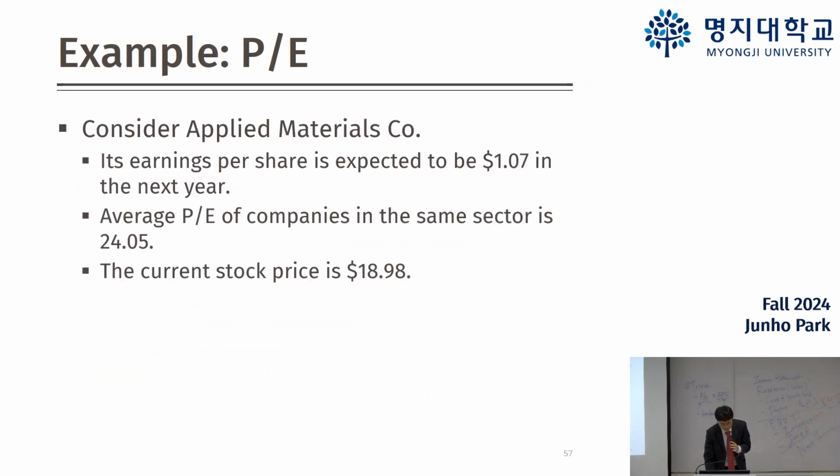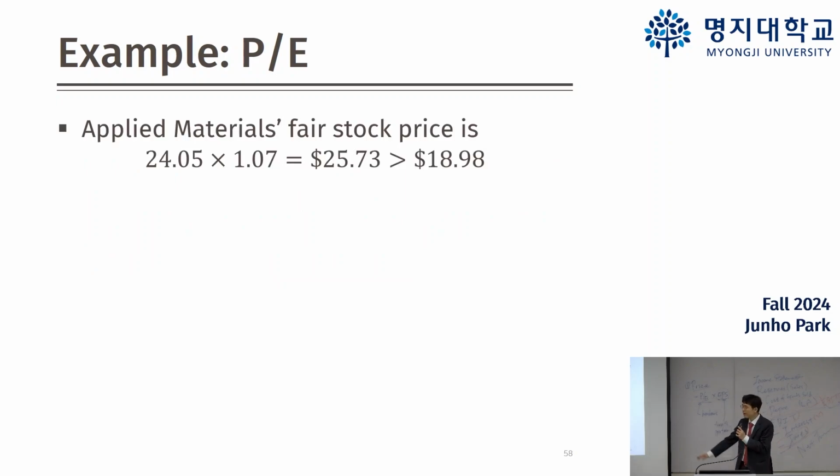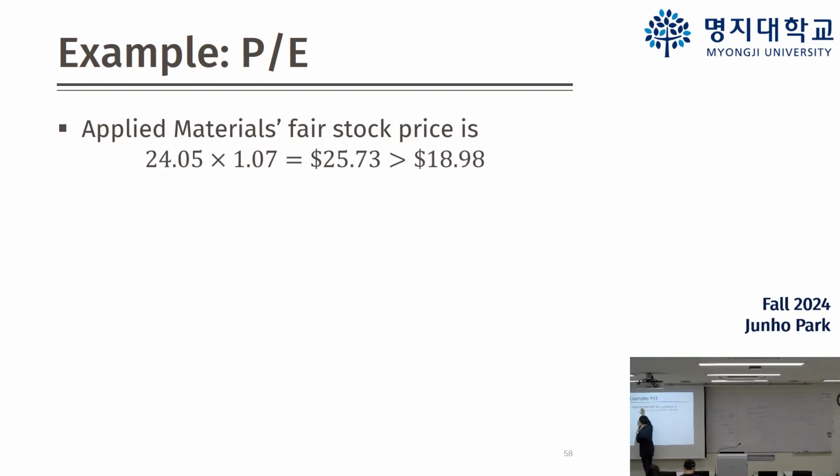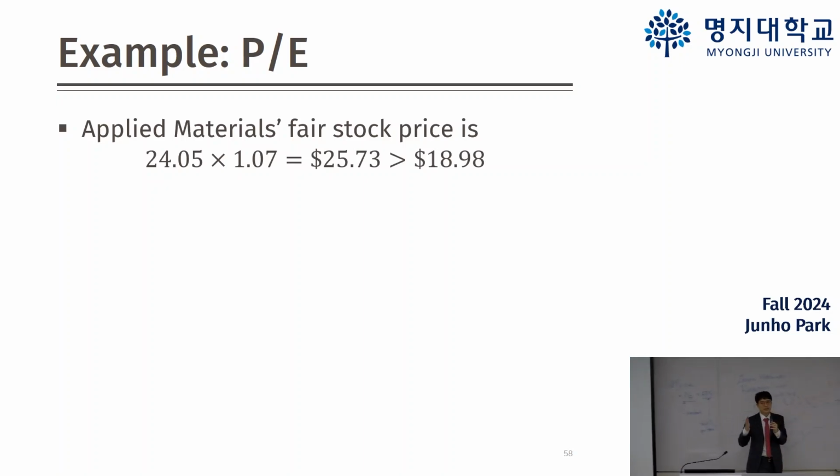In this example, you are able to obtain a fair stock price of $27 because you have a benchmark from your competitors and you have your target company's information. But sometimes net income is negative.